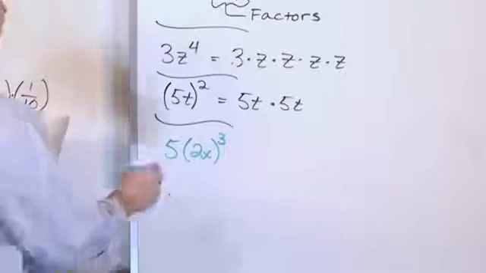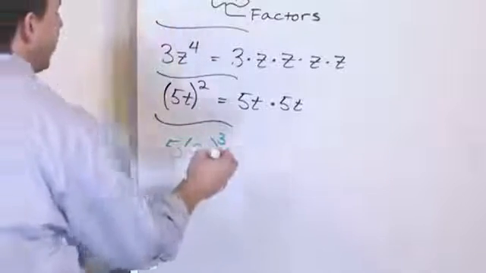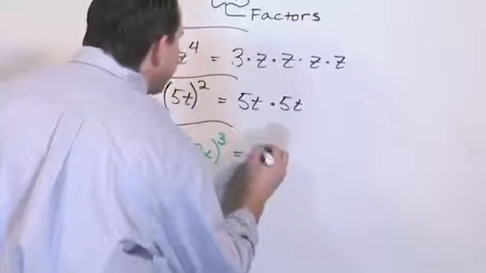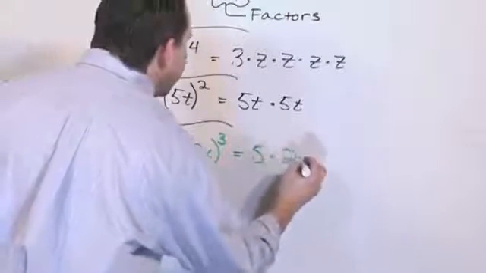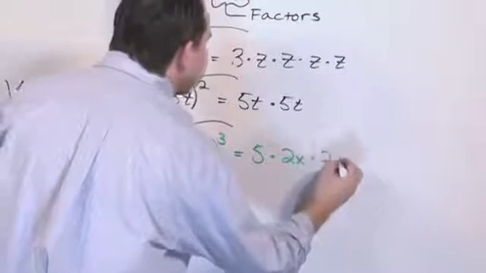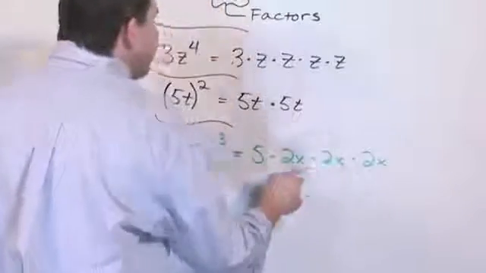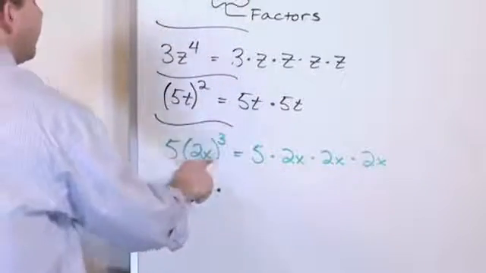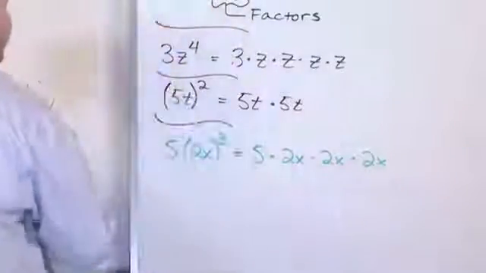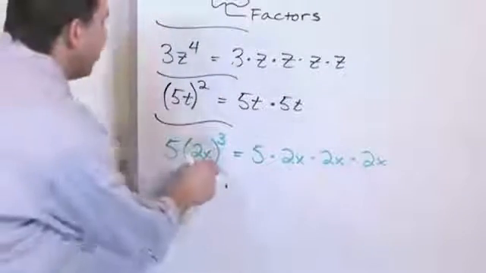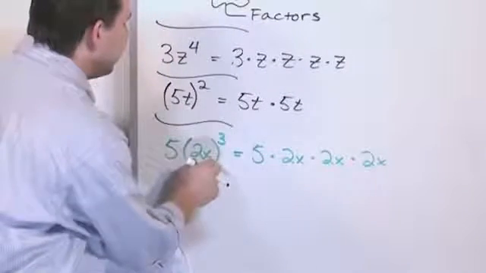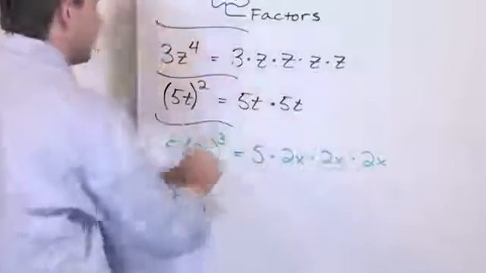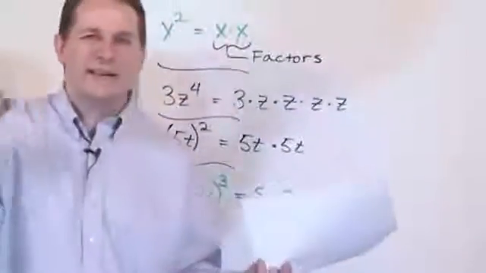And this is all raised to the 3rd power, so this is going to be 5 times 2x times 2x times 2x. I'm multiplying 2x times itself 3 times because that's the exponent. 5 is multiplied by everything because it's just sitting next to the parentheses there. And the exponent is applying to the 2x as a whole unit because it's wrapped up in these parentheses. The parentheses are like a little sandwich bag.